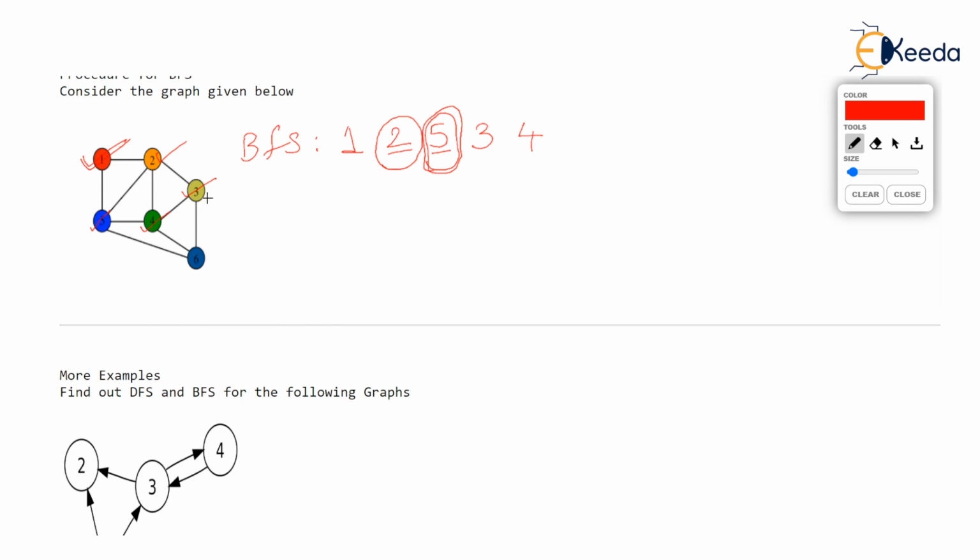The neighbors of 5 are 1, 2, 4, and 6. Among these 4 neighbors, you should actually print all of them, but 3 are already visited: 1, 2, and 4. So you can't print them again. 6 is the only neighbor of 5 which is not yet printed. So you will print 6 and you will mark 6 as visited.